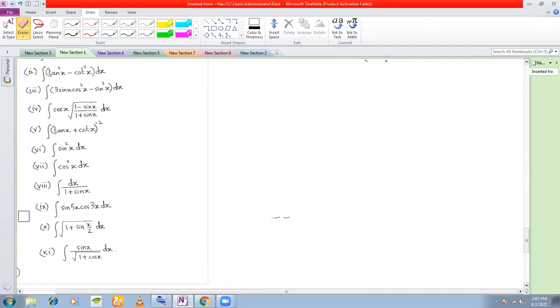Cos cube x. Number 7. I is equal to integral cos cube x dx. Okay, so remember for any sine cube or cos cube, if you want to evaluate this, we use the triple angle formula.